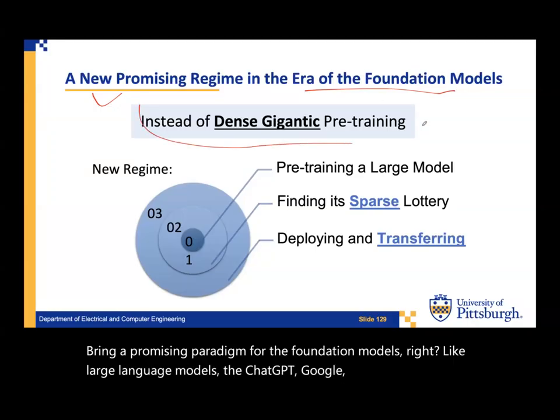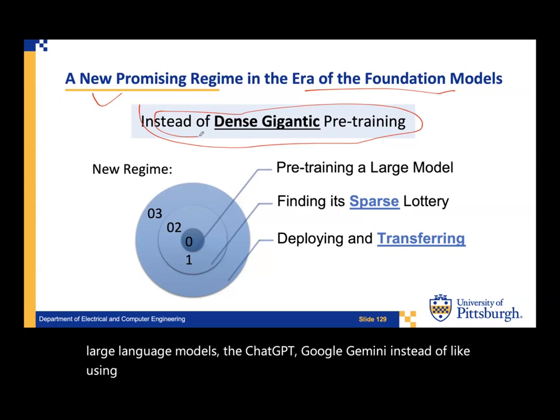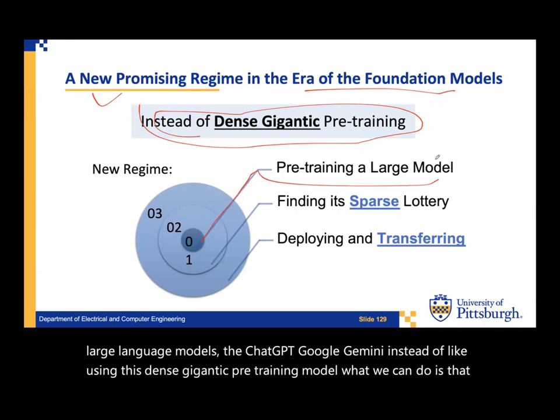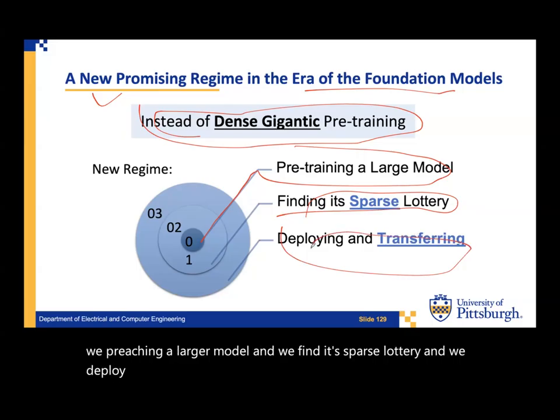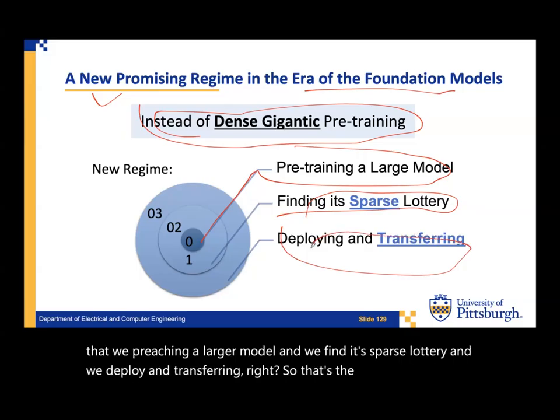Instead of using this dense, gigantic pre-trained model, what we can do is pre-train a large model, find a sparse lottery ticket, and deploy and transfer it. That's the ideal situation.